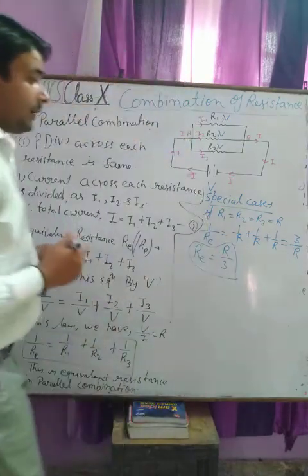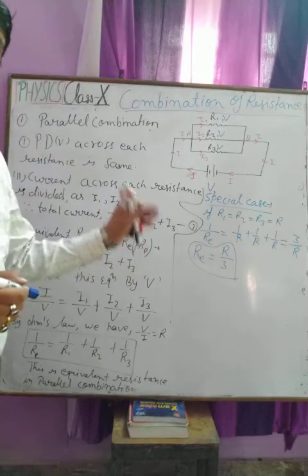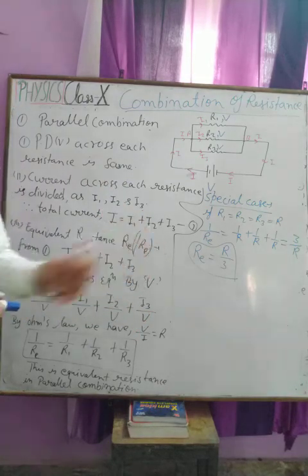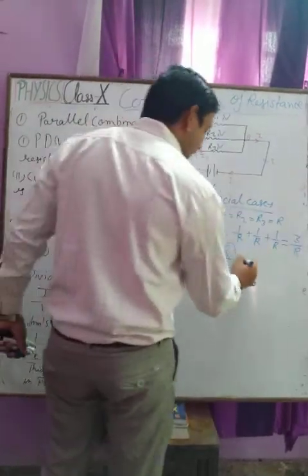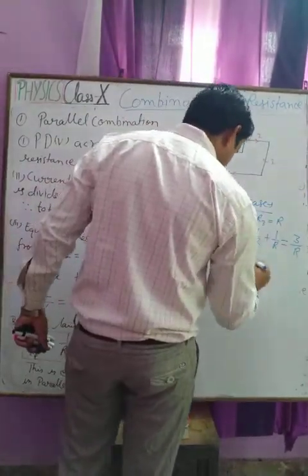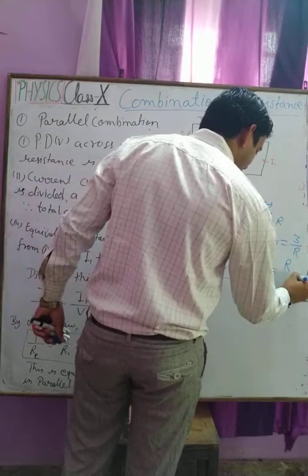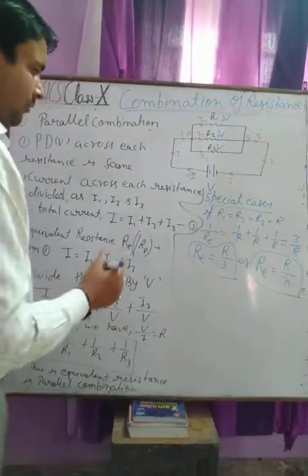That is, the value of the individual resistance is greater than the equivalent resistance. That is, if n resistors are connected in parallel, we are getting Re equal to R upon n by this rule.